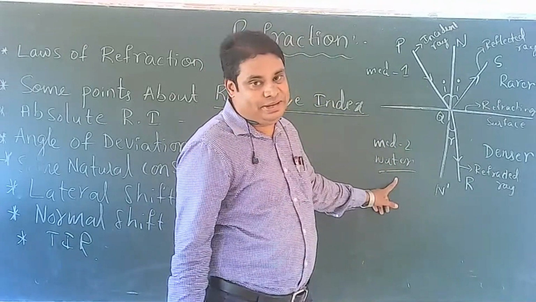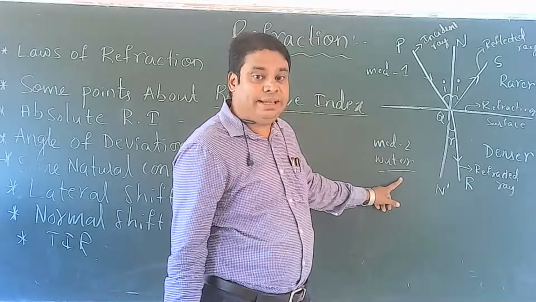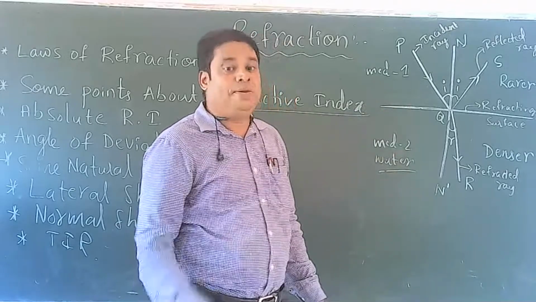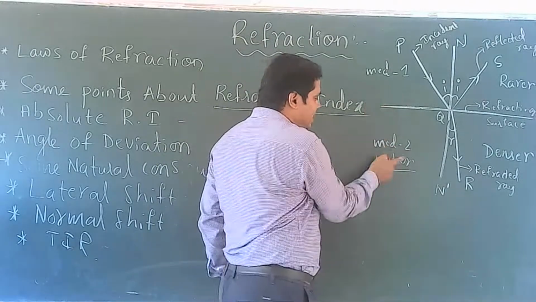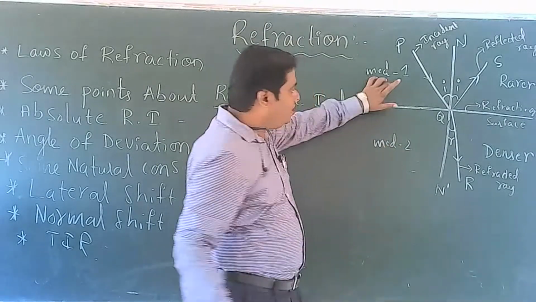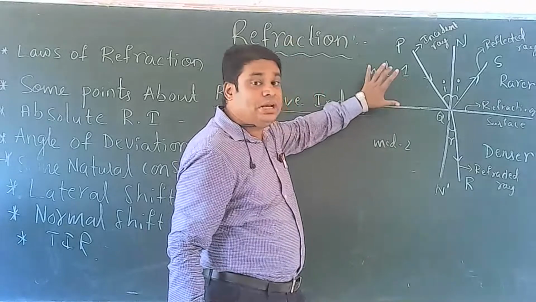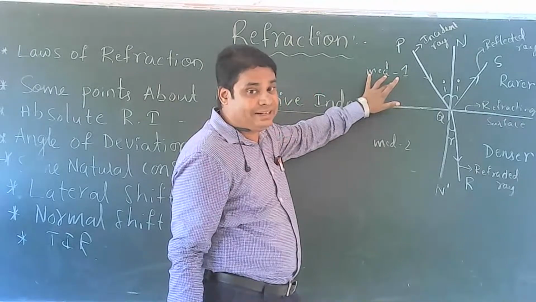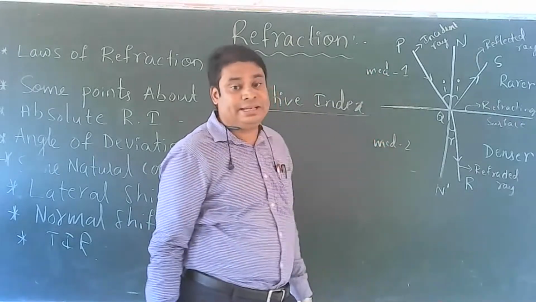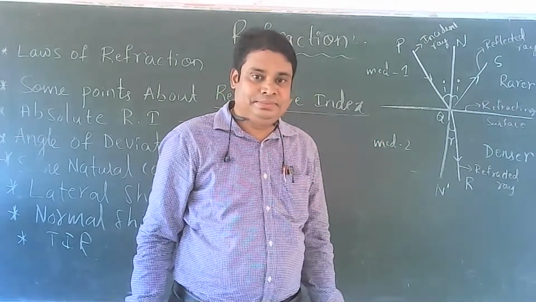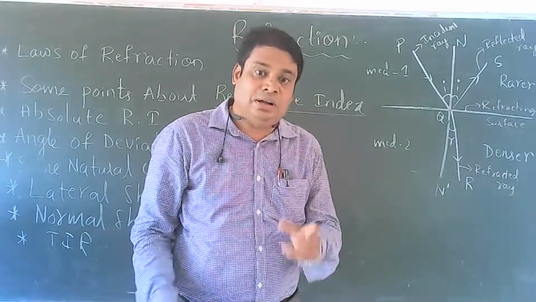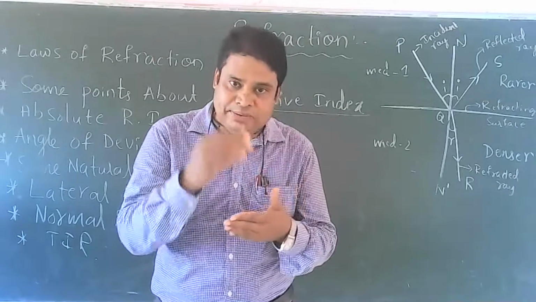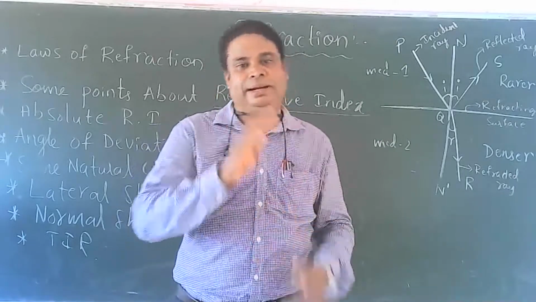So water is the denser medium and air is the rarer medium. If you consider water and glass, now your water will be the rarer medium, optically rarer, and your glass will be the denser medium. It all depends on the pair of media you have considered.